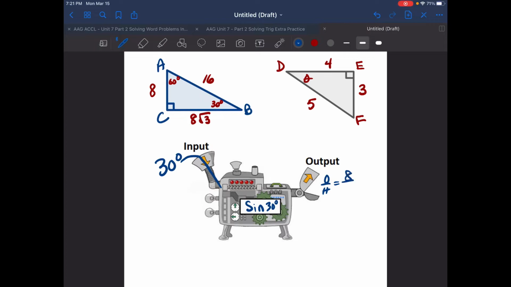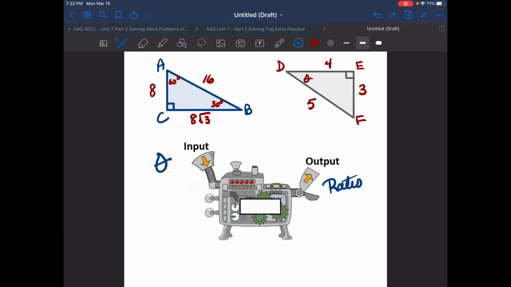So we would get 8/16 or 1/2 or 0.5. So straightforward sine, cosine, and tangent: the input that goes in is going to be your degrees or your theta, and what comes out is your ratio, the comparison of the 2 sides, the fraction.